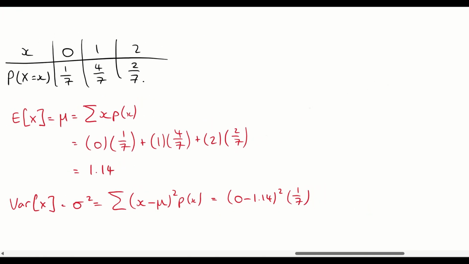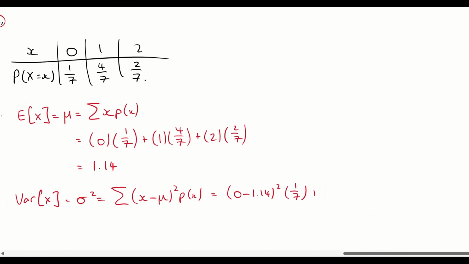If I zoom out a little bit more, I can add on 1 minus my average squared times the probability of getting a 1. Add on 2 minus the average squared times the probability of getting a 2. And if we put all of that into a calculator, we just end up with 0.4082. And remember, that's just a measurement for the spread of the data.